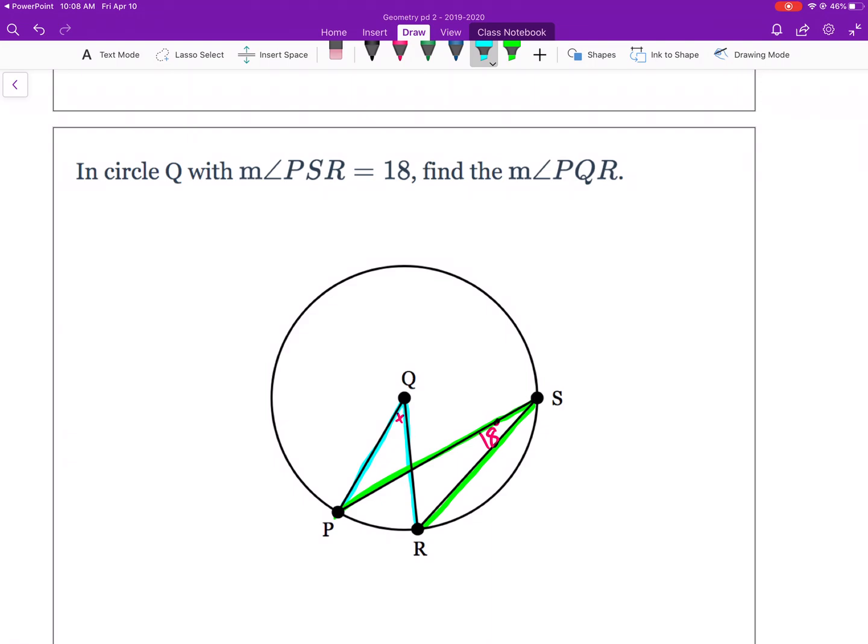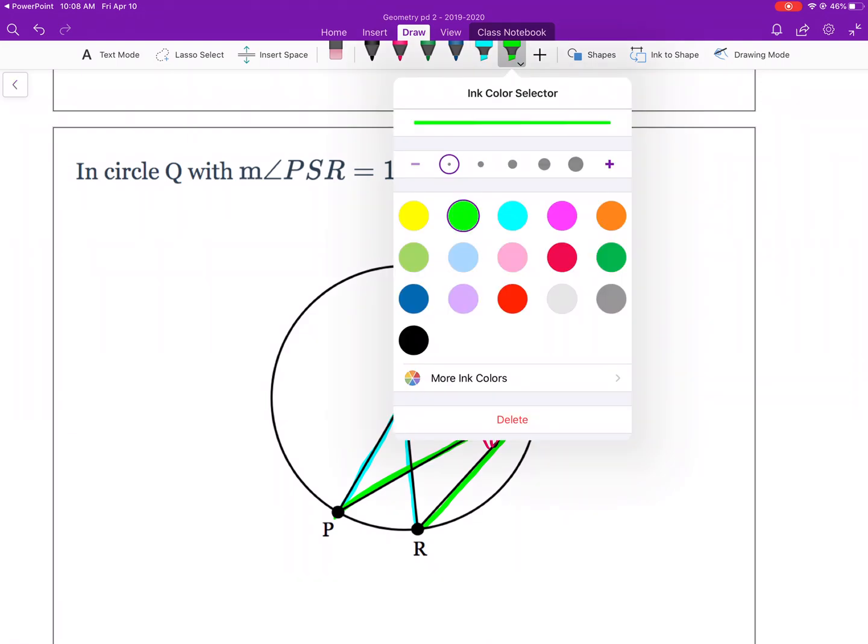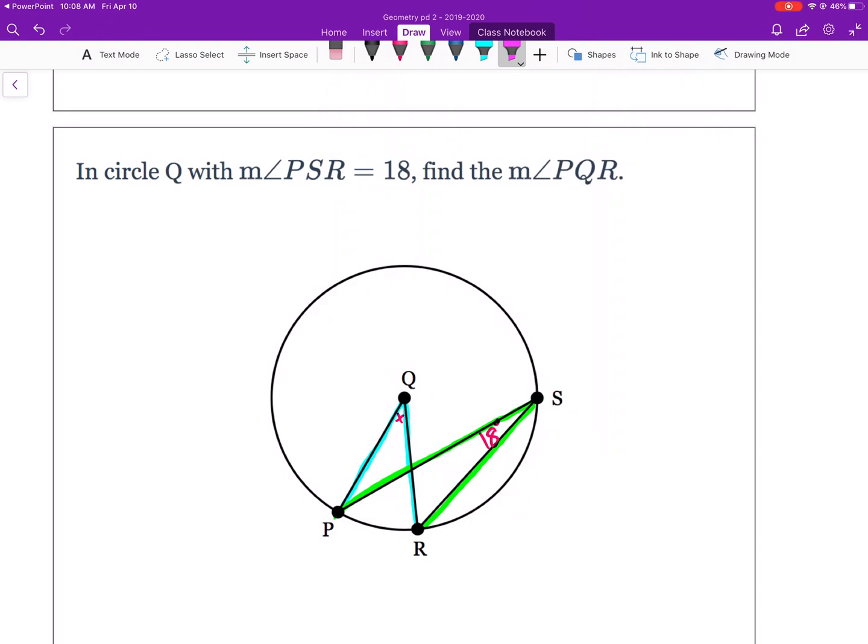So the arc we're really focused on right now is PR. All right, so how would we find PR? Let's think. Remember, that arc is equal to double the inscribed angle. The inscribed angle is 18 right now. Double that, you get 36. The central angle is equal to that exactly. So this would also be 36 degrees.